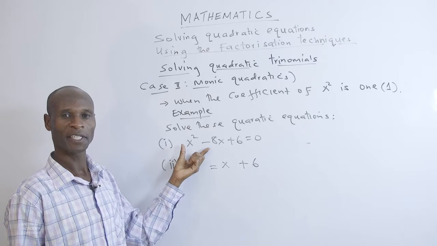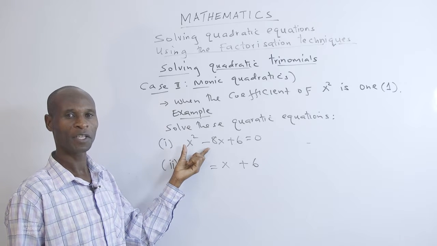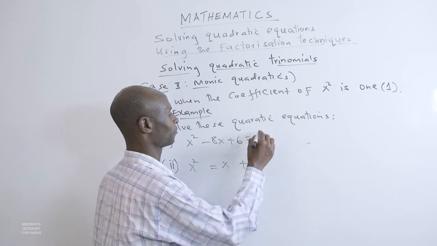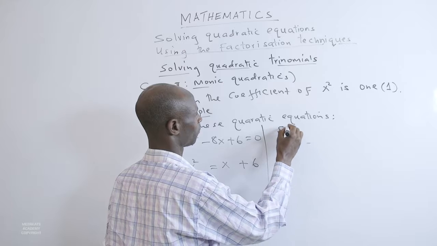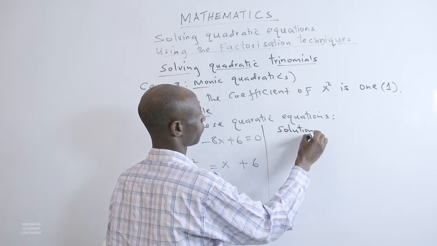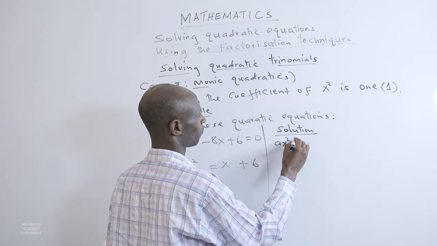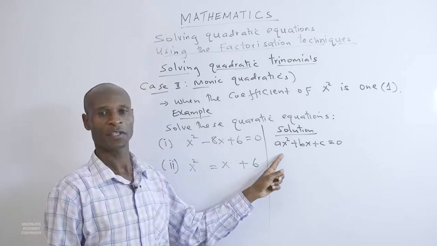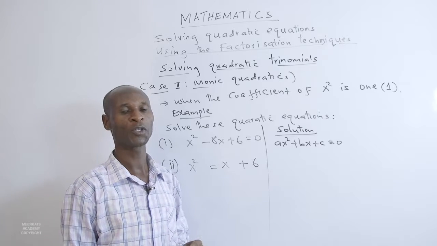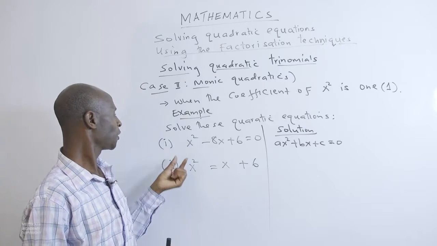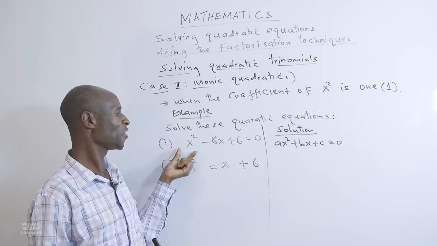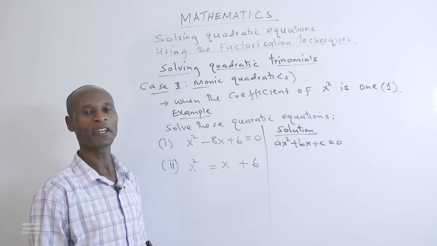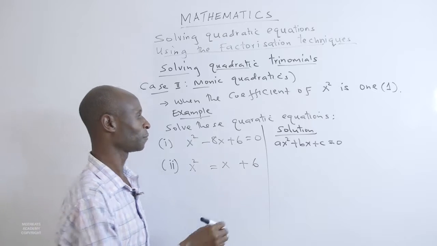To solve this quadratic equation, the first step is to express in the form ax squared plus bx plus c is equal to 0. When you study this Roman 1, it's already in the form ax squared plus bx plus c is equal to 0, which is the standard form of a quadratic equation.